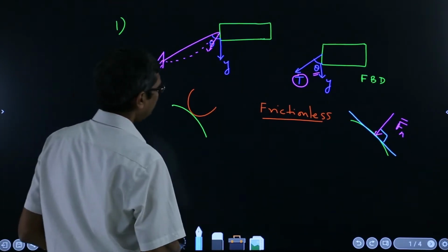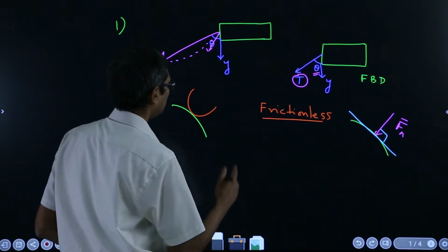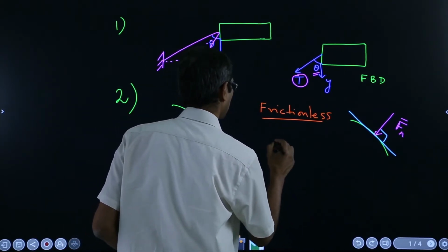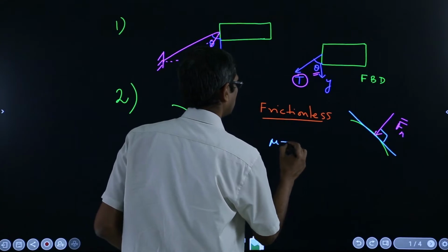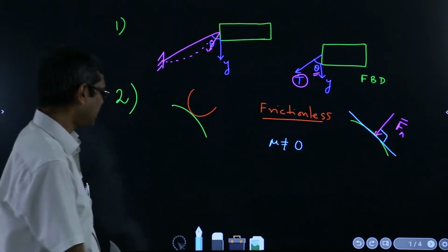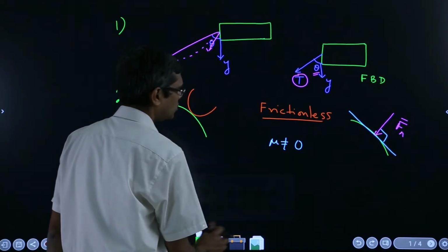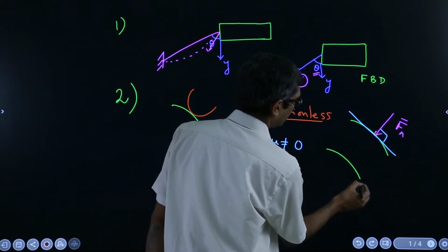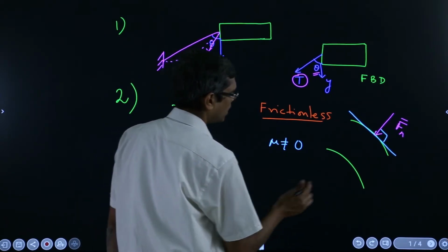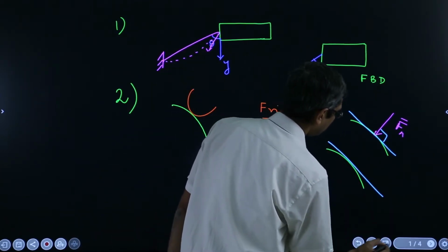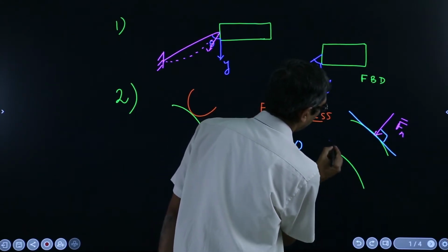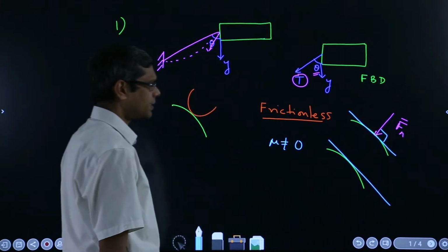Okay. But if this is not without friction but with friction, so mu is not equal to 0, then the situation will change. Here it was like this, and I will again draw this tangent. Okay, so this is the tangent.